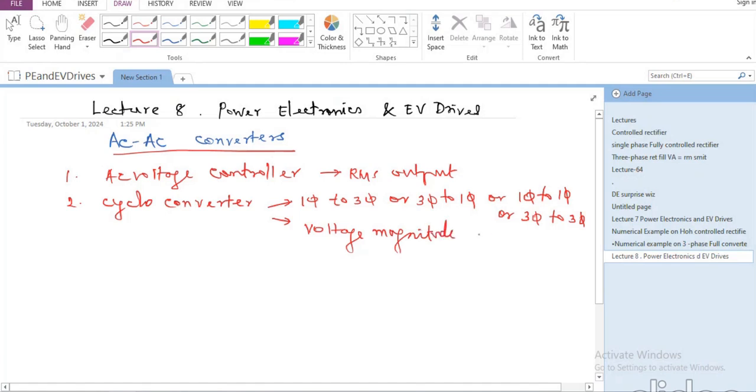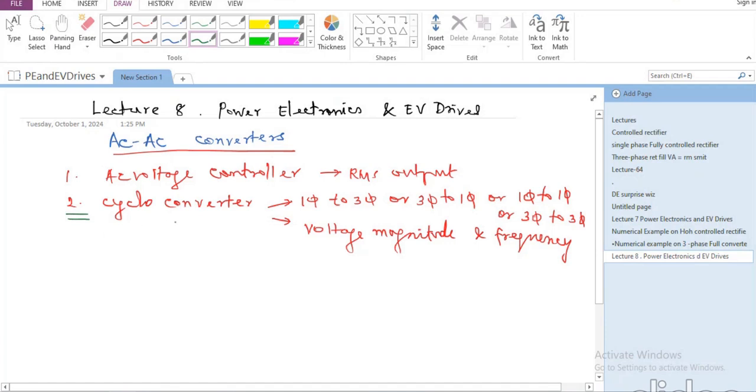as well as frequency. Both can be changed using a cycloconverter, but we are not going to really look at the cycloconverter in this particular course because it's not generally used in electric vehicles much.